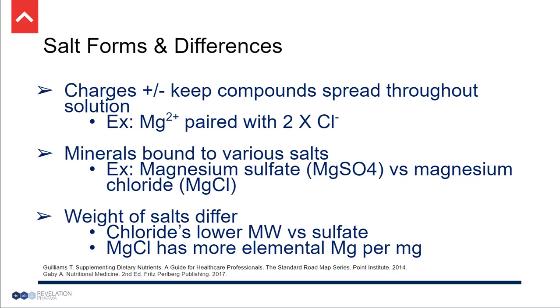So that's another pairing that breaks up in solution, in an IV injectable, into these positive and negative charges. And different salt forms, whether it's chloride, sulfate, or other salt forms attached to magnesium or calcium or whichever mineral we're referring to, are going to have these different charges and react differently in solution and potentially in the body as well.